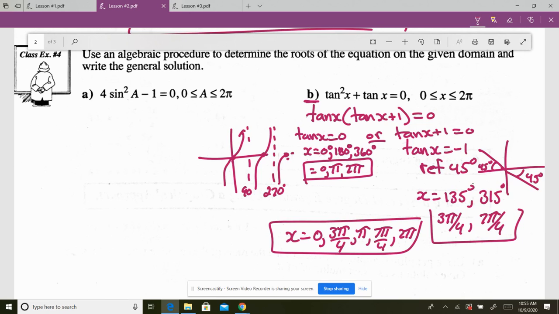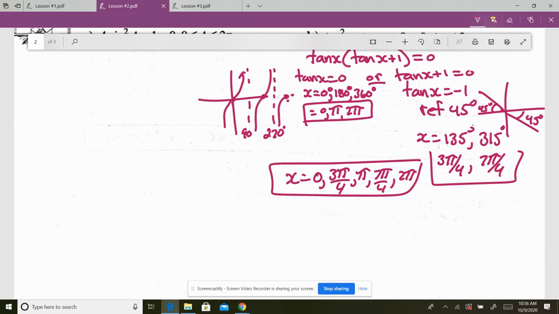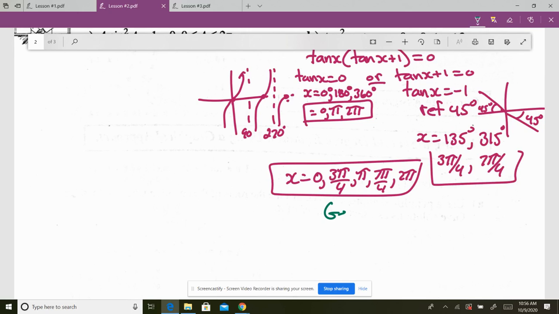So now we're going to get multiple answers. Are they asking for the general? They do want the general. General solution. I had multiples of the period, right?